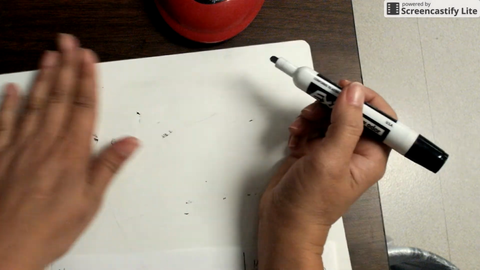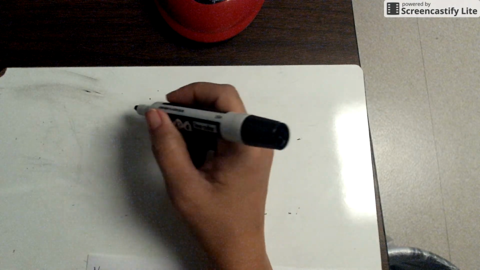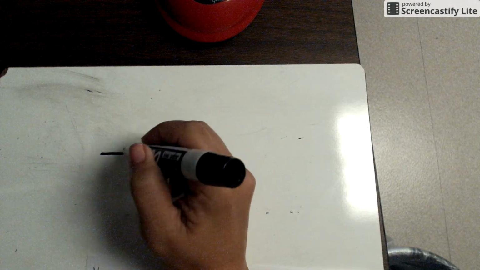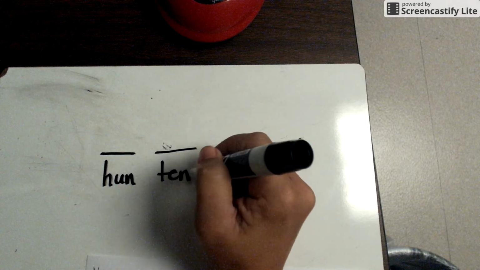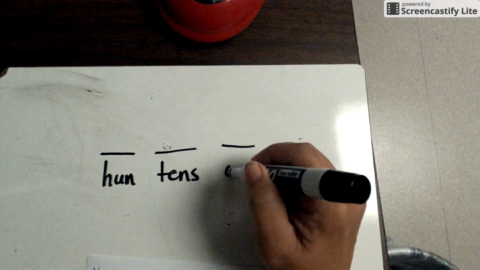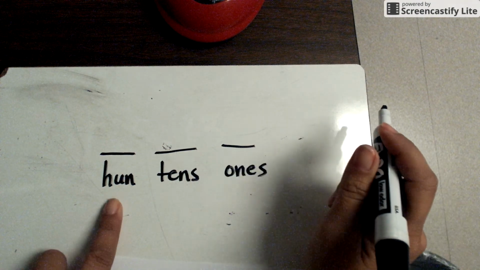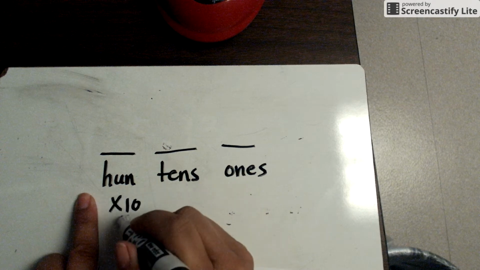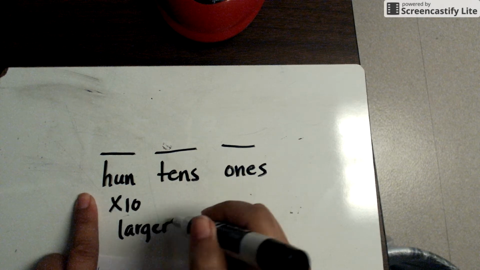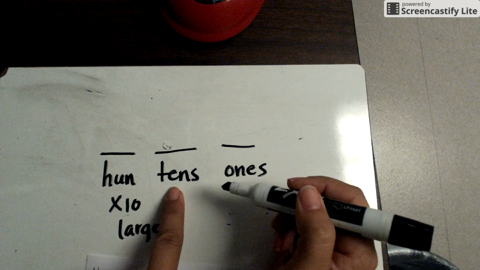So for example, if we were just thinking about a place value chart, and I have my hundreds place, my tens place, and my ones place, well, the hundreds place is going to be 10 times larger than my tens place.